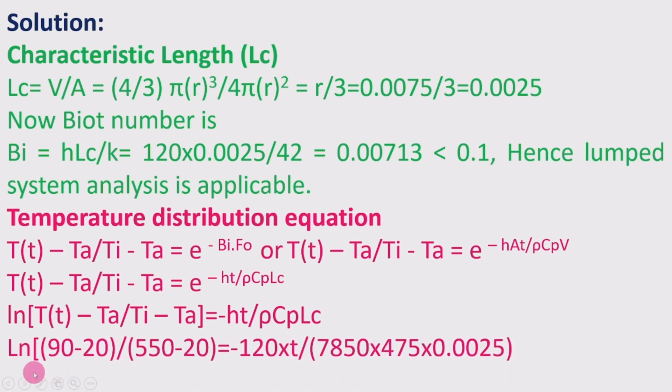By substituting all the values, ln of (90 minus 20) by (550 minus 20) equals minus of 120 into t by 7850 into 475 into 0.0025. After the calculation, we get this time t equal to 157.26 seconds. This is the first one, the time asked for cooling the PF from 550 degrees Celsius to 90 degrees Celsius.